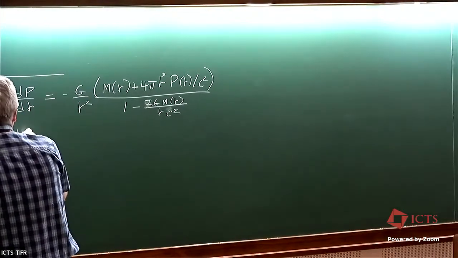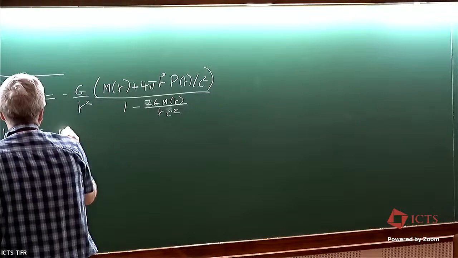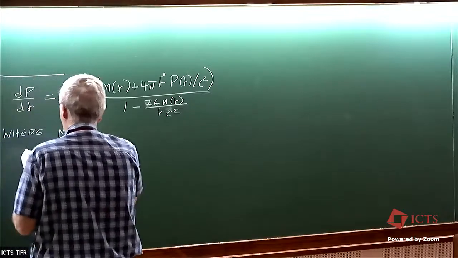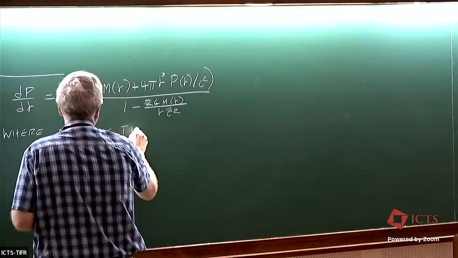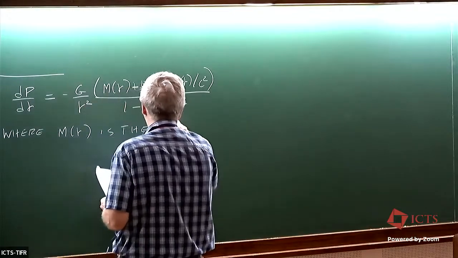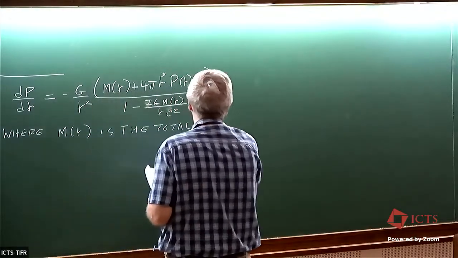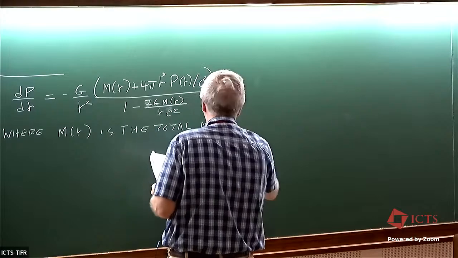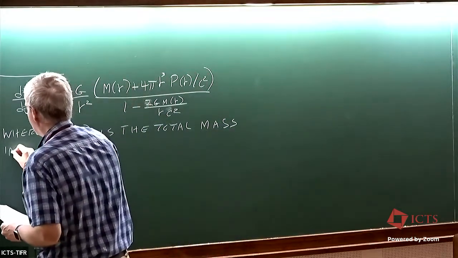So explicitly, M of r is the total mass inside of radius r.